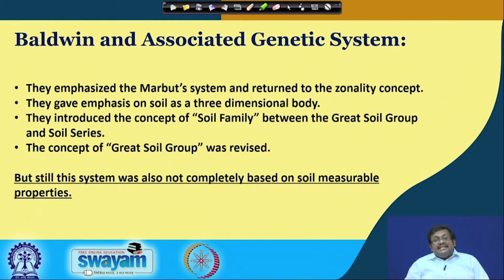Now, but still this system was also not completely based on soil measurable properties. So, all these systems, starting from Dokuchev's genetic system, then Marbut's morphogenetic system, and then Baldwin and associates' genetic system, did not highly rely on measurable soil properties. So, that was the major drawback of all these systems.